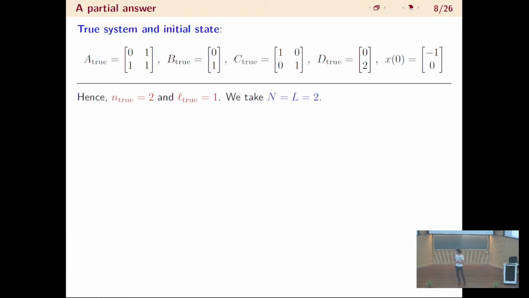The true lag of the system is 1, in this case, and the reason is that already the observability matrix of depth 1 has full row rank. Let's suppose that we have upper bounds on the true state space dimension and the true lag. In this case I take them both 2. So this would be a situation where you do not have more information on the lag. We just take this upper bound L to be equal to capital M.